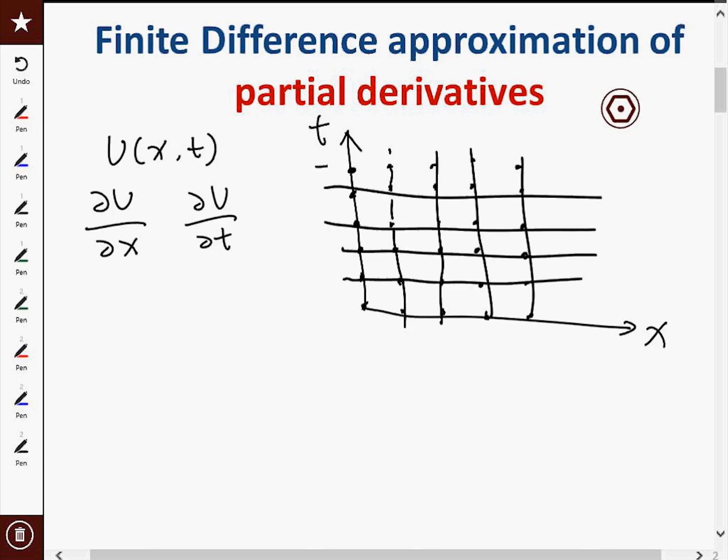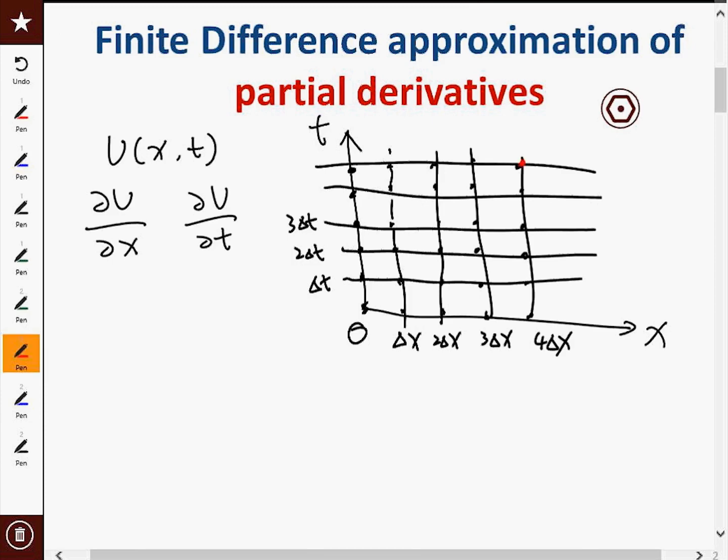You're going to see that I'm discretizing both space and time separately. I'm going to call this x equal to 0, this is delta x, 2 delta x, 3 delta x, 4 delta x, etc. And my time step is 0, delta t, 2 delta t, 3 delta t, etc. So I have my solution sitting on this grid.